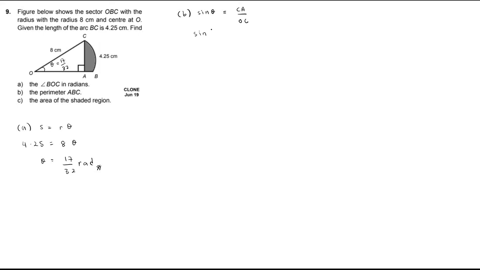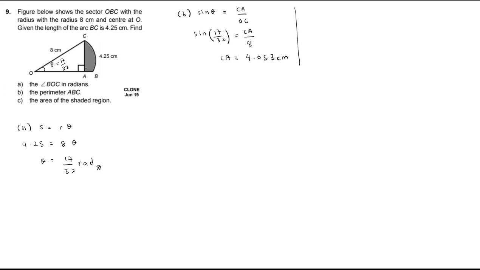And the angle is 17 over 32. CA is what we want to find and OC, the radius is 8 cm. So calculate sine 17 over 32 multiplied by 8, we get CA equal 4.053 cm. Okay, make sure calculator in mode radian.